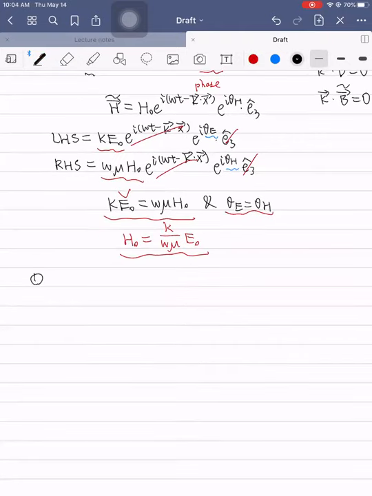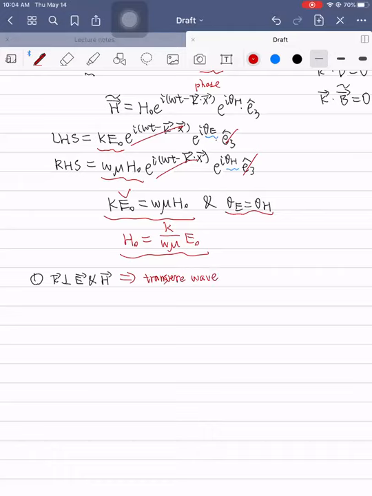One is that K is orthogonal to E and H. So it says the electromagnetic field is a transverse wave.